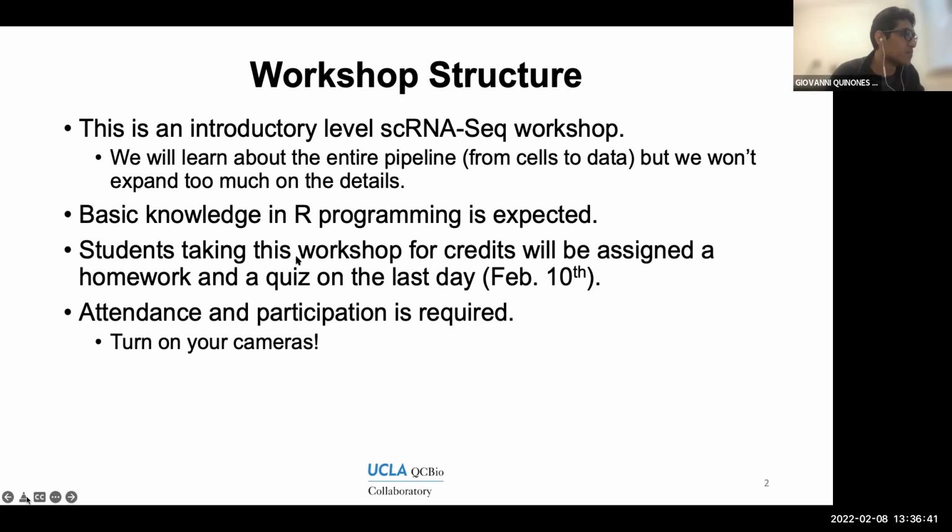Another point that I wanted to mention is some of you are taking this workshop for credits for the BioInfo 275 A and B. Can we have a show of hands? Who of you are taking this for credit? I believe there should be a few.